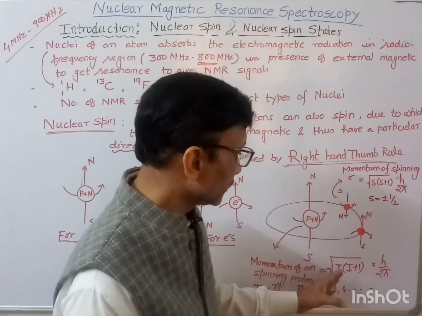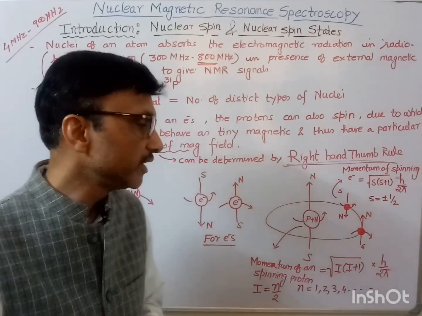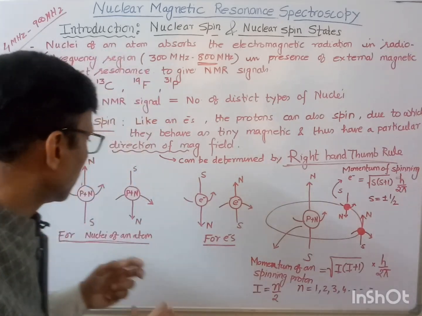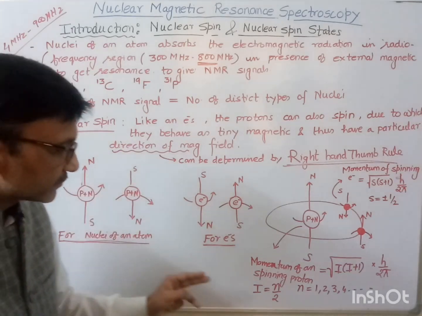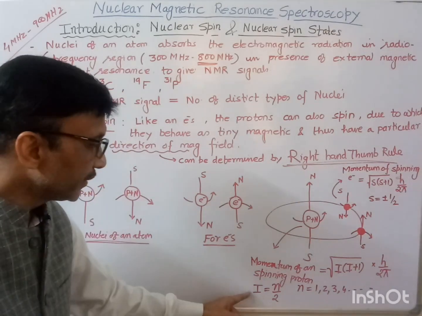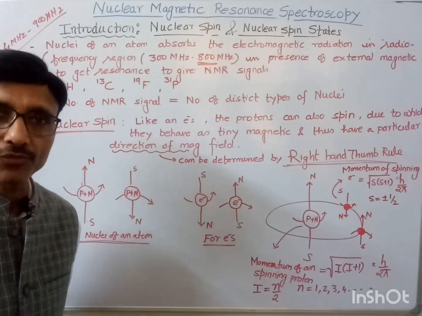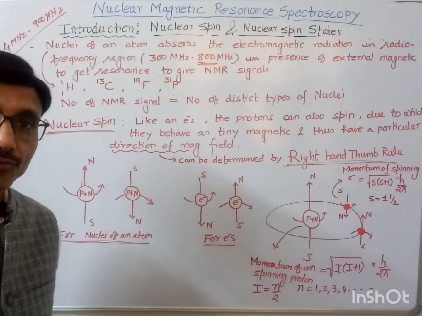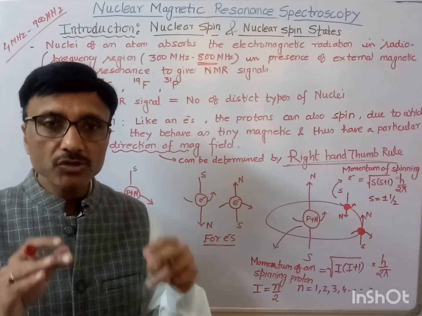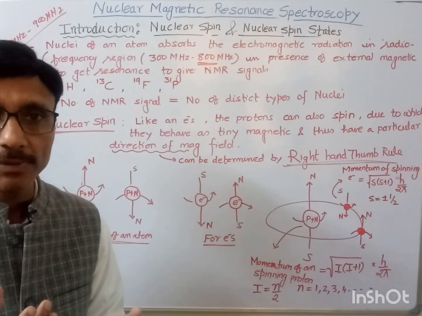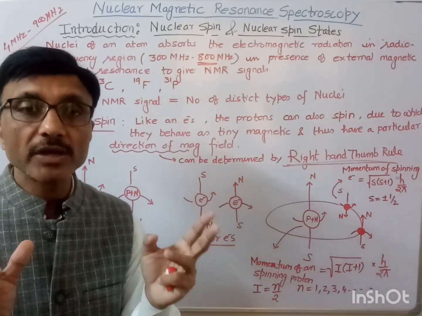The overall nuclear spin quantum number of any nucleus depends on the nucleus of an atom, and the I of this nucleus depends upon the protons as well as the neutrons, that is, the number of protons and the number of neutrons. Protons and neutrons are also spinning, and they also have certain quantum numbers.